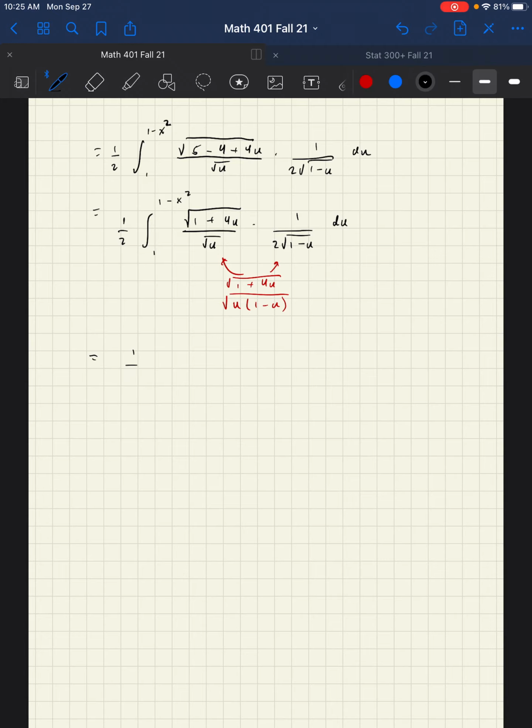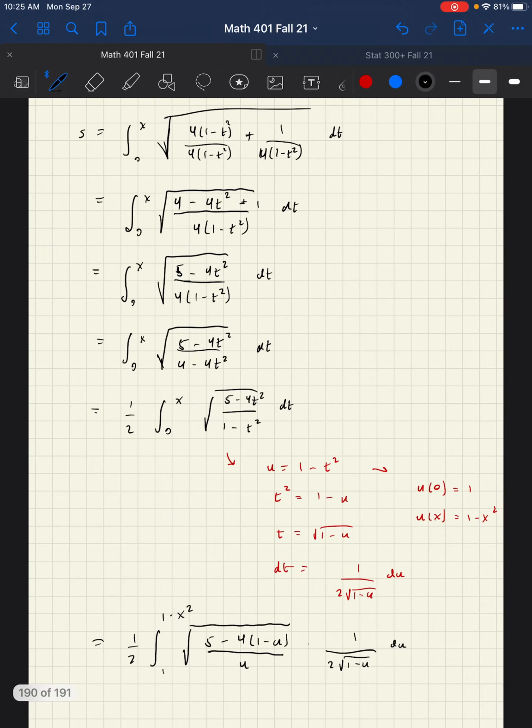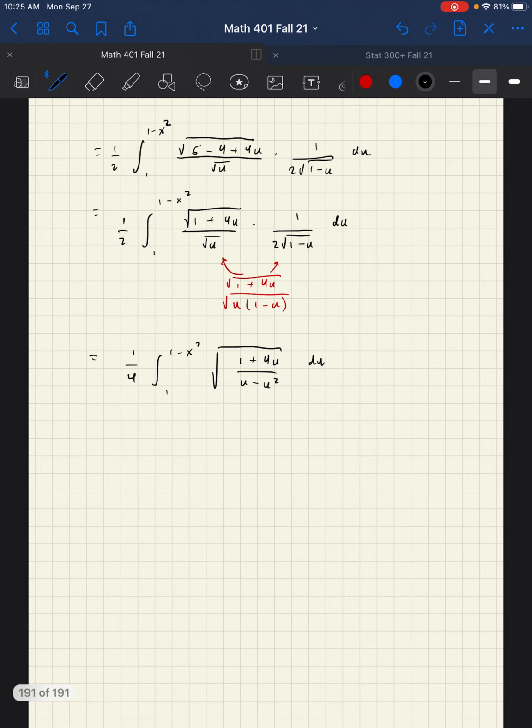And then the numerator is going to be the square root of 1 plus 4u. Then I get 1/2 times 1/2 is 1/4 by pulling out the 1/2 inside the integrand. I get the integral from 1 to 1 minus x squared of the square root of 1 plus 4u over u minus u squared du. And that's not any better, is it? Slightly, but not really.